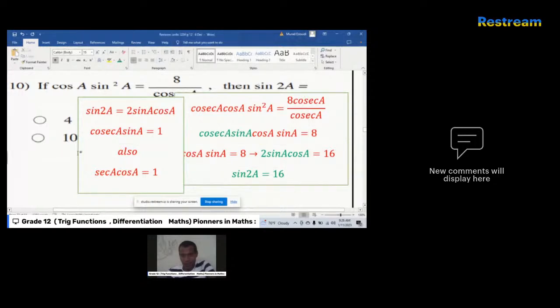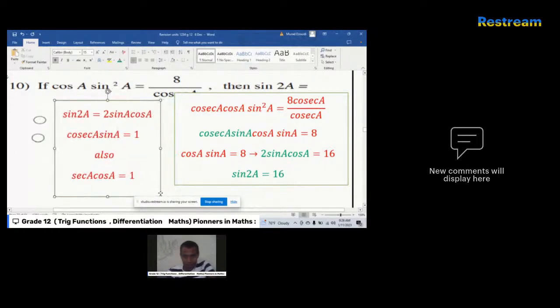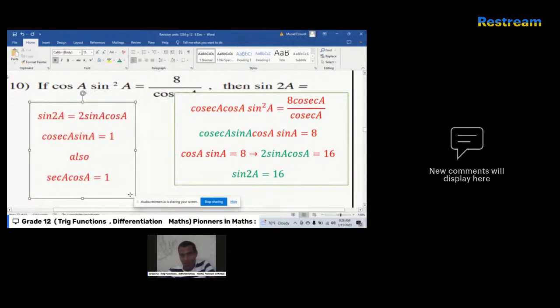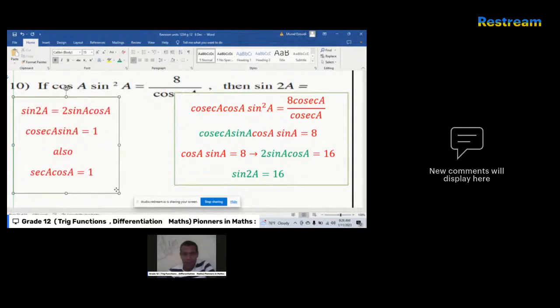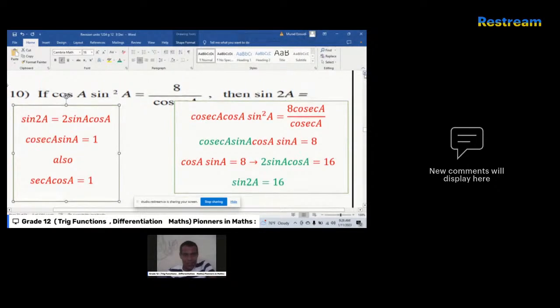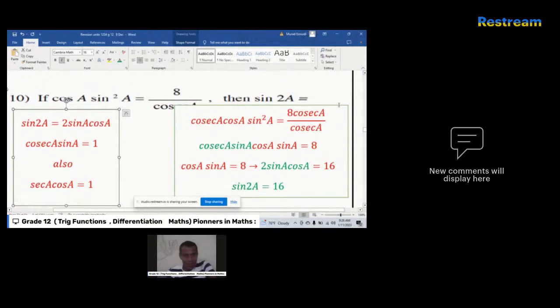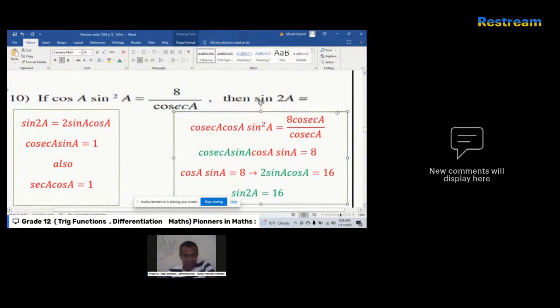Now learners, it's clear that sine 2A is equal to 16.